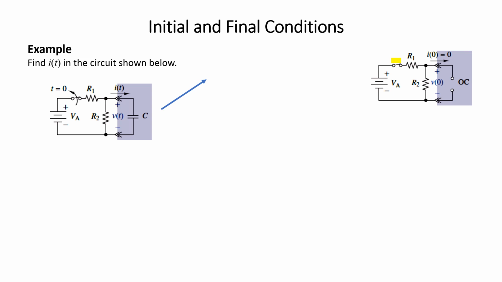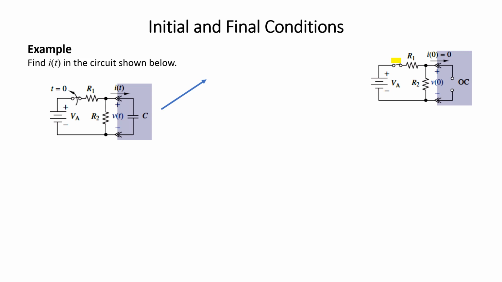This current will be charging the capacitor, and the capacitor voltage will be rising until it attains a value where it will stop any further flow of current. When no current is flowing through the capacitor, it will behave like an open circuit, OC. No current will be flowing, however there will be some voltage across it, and this voltage is V0.